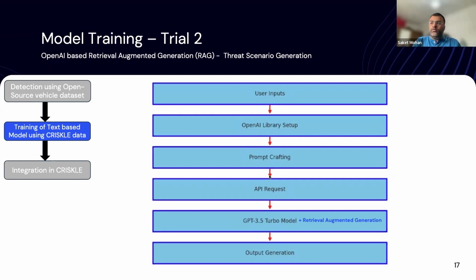This time we fed in some user inputs to the OpenAI library setup. We enabled a proper prompt as input text that would go into the OpenAI system using the API request. And in addition to the GPT 3.5 Turbo model, we introduced a new technique within the BERT family called retrieval augmented generation.